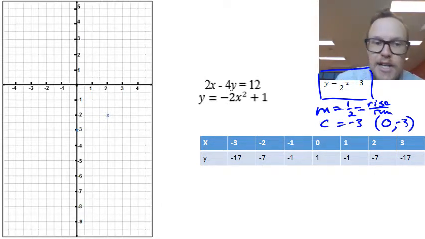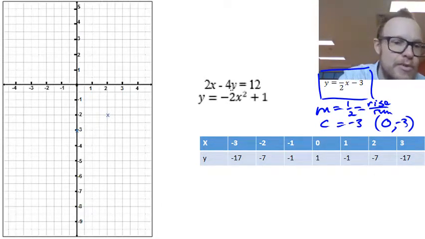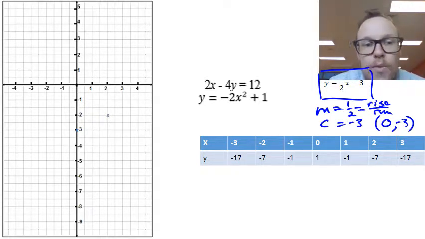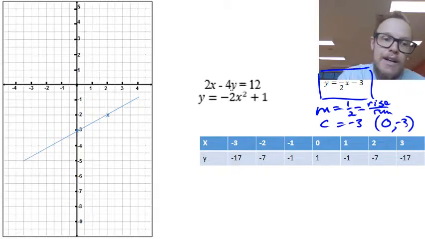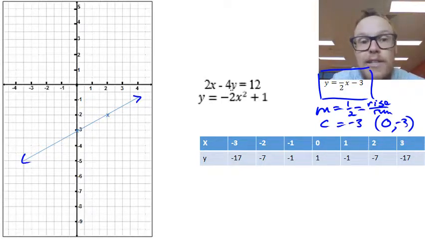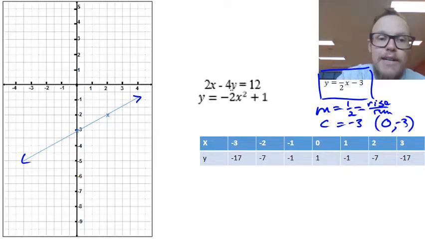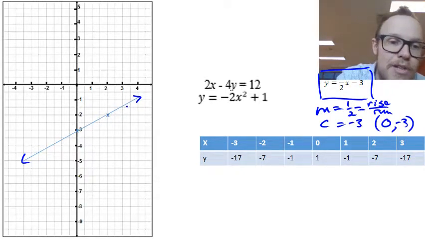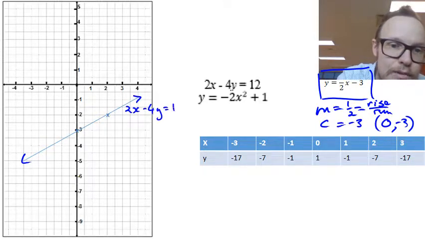And then once I've done that, I'll just remove that there. Once I've done that, I can join those 2 points together with a straight line. I can add arrows on the ends to say that equation continues on, and I can label my graph with the original equation 2x minus 4y equals 12.